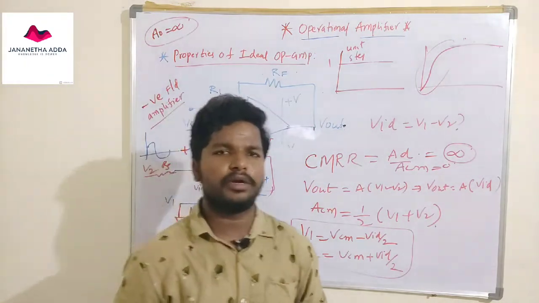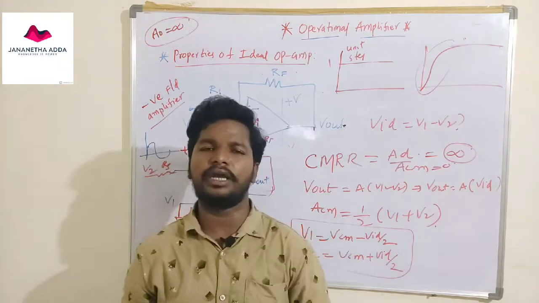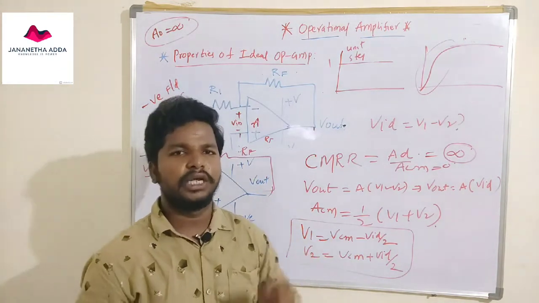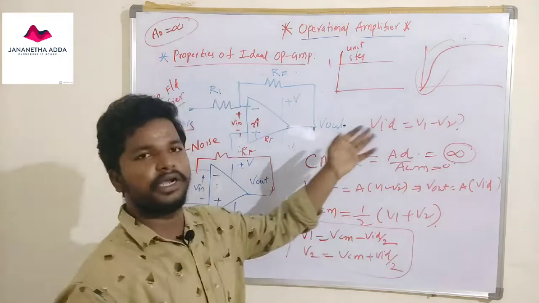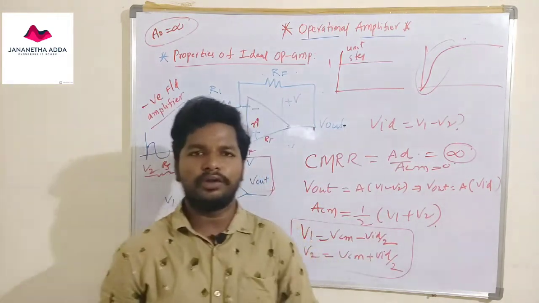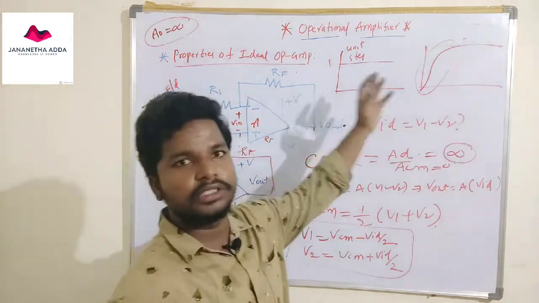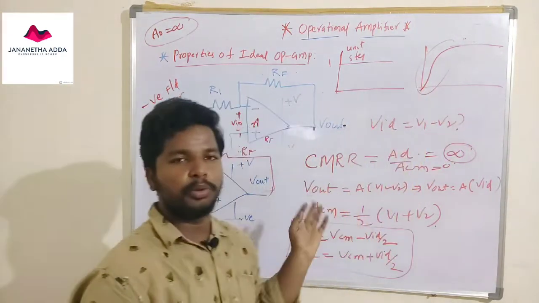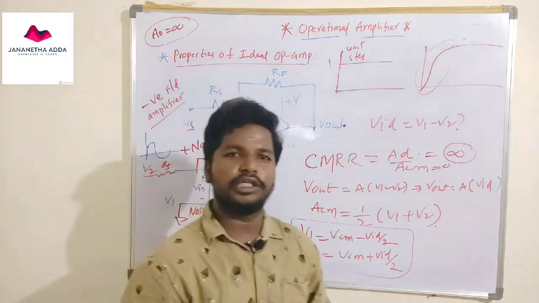The properties are infinite gain, infinite input impedance, infinite bandwidth, zero output resistance, infinite common mode rejection ratio, zero offset voltage, and a good slew rate, so that the output changes suddenly with respect to the input.